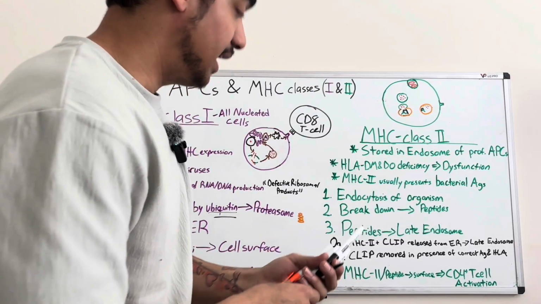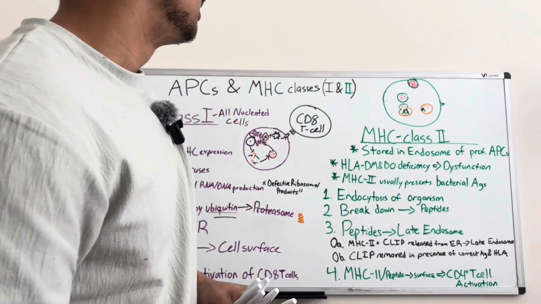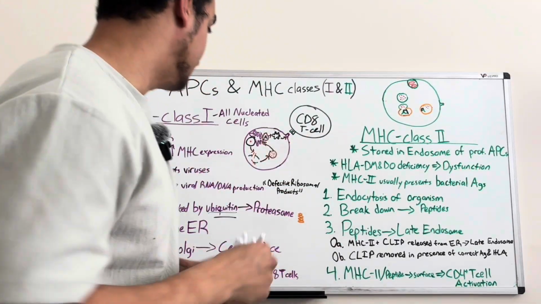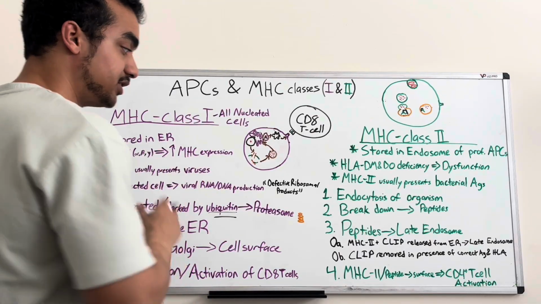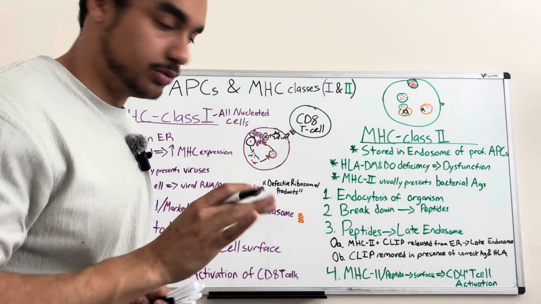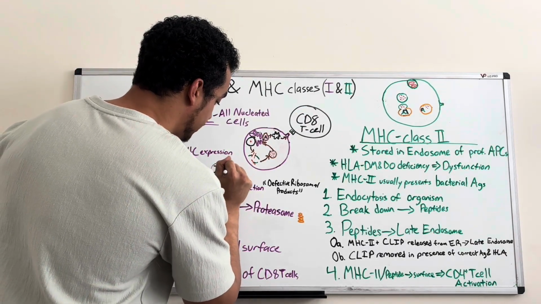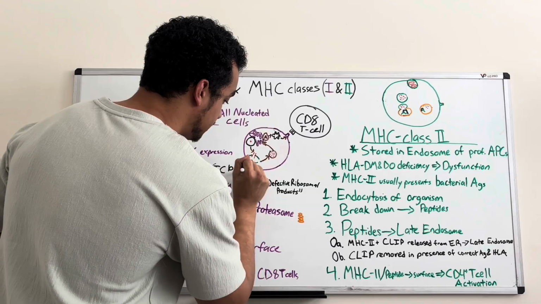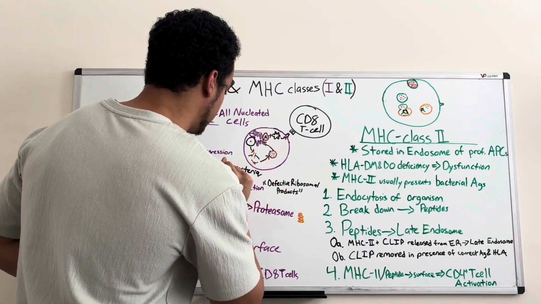So now let's go over MHC class 2. Or sorry, before we move there, I just want to say this right here. It usually presents viruses, but not always, right? It can be intracellular bacteria like chlamydia, or intracellular protozoa.